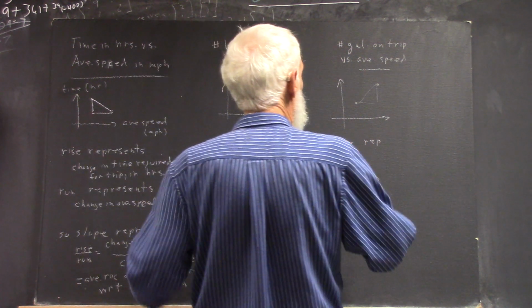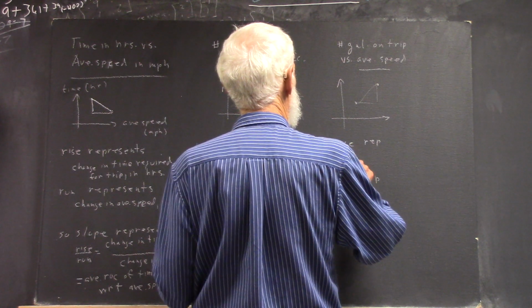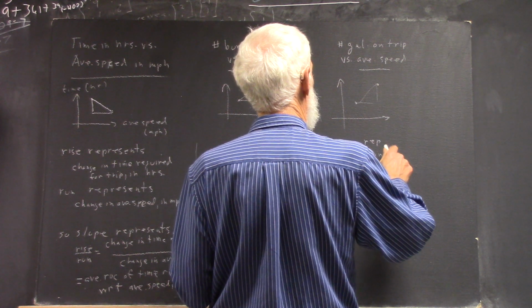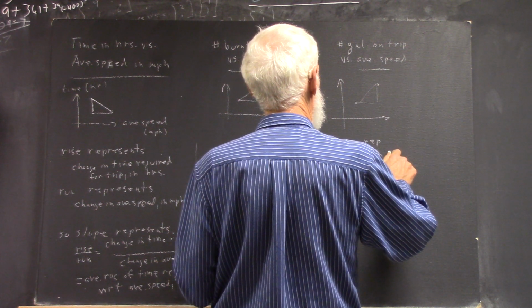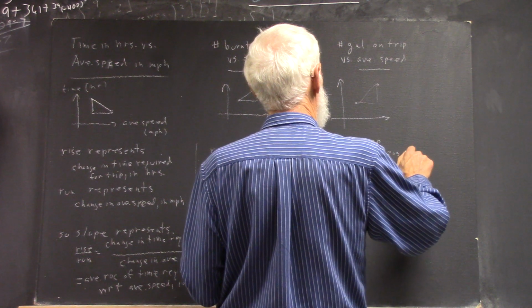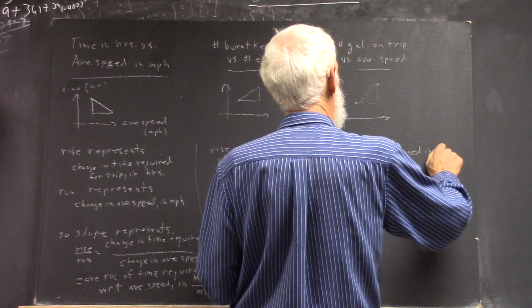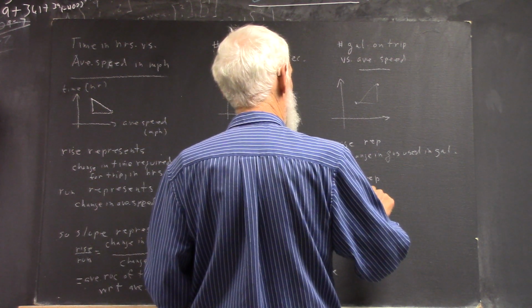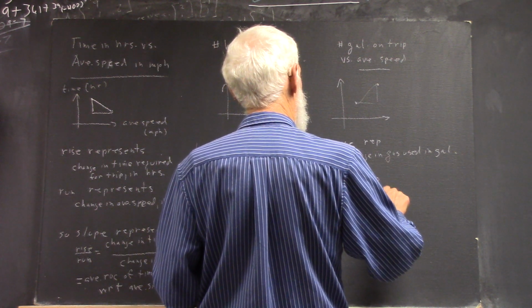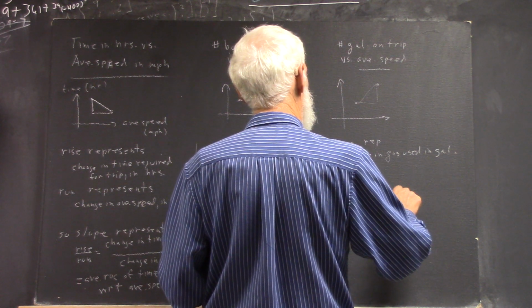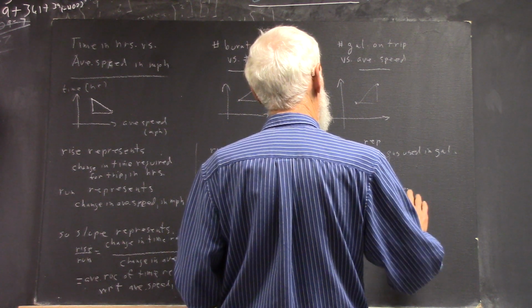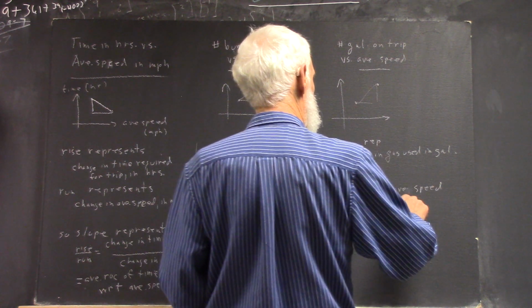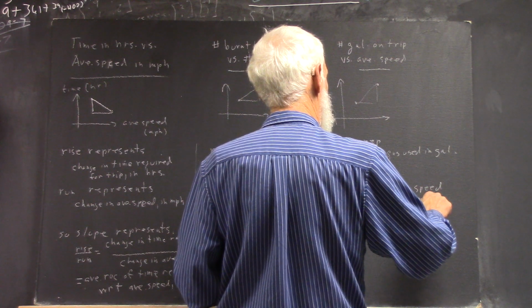Okay? Here, the rise represents change in gas used in gallons. The run represents change in average speed, in miles per hour.